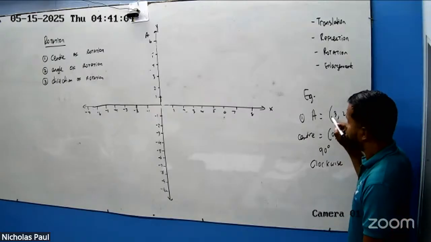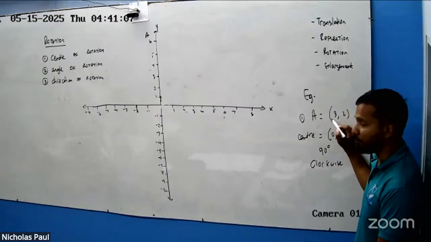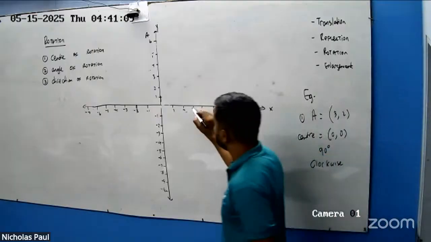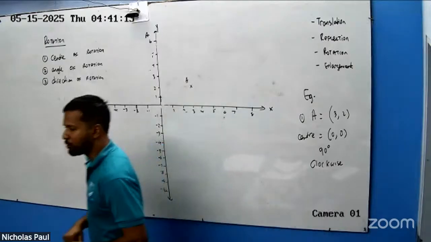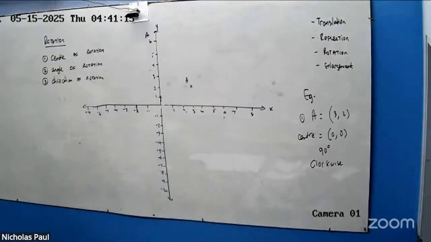So we're going to do this step by step. Plot 3, 2. Plot 3, 2. We're doing it step by step. Plot 3, 2. Right.